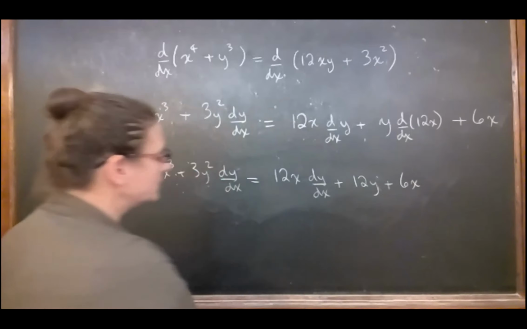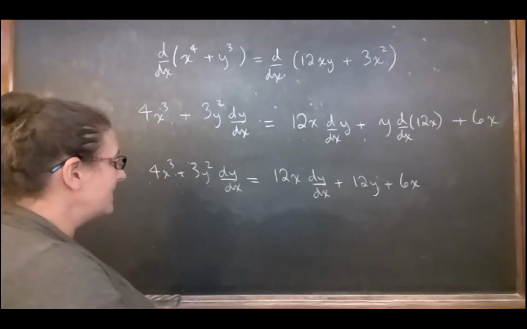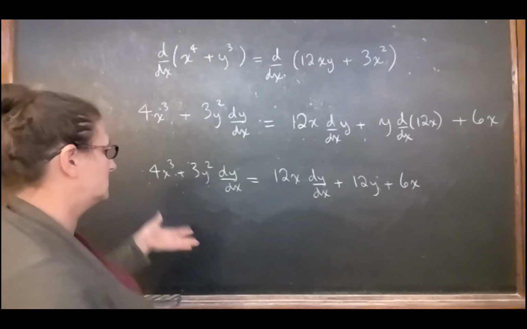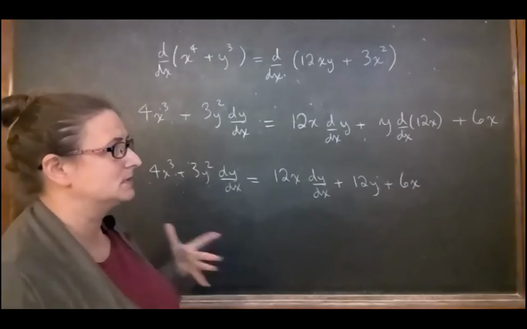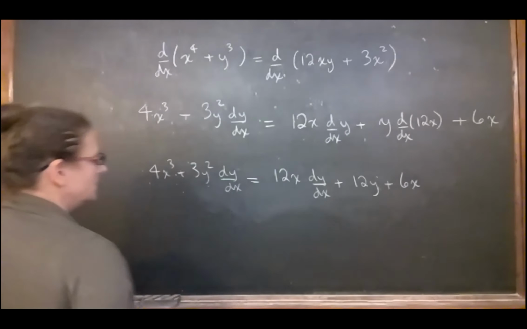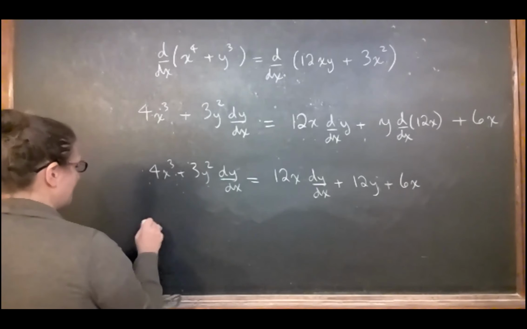Now what I want to do here is solve for dy/dx, because my goal is to find the derivative of y. Even though I don't know what y is explicitly, I can find out what the derivative is. So I'm going to put everything with the dy/dx on one side, everything else on the other side.